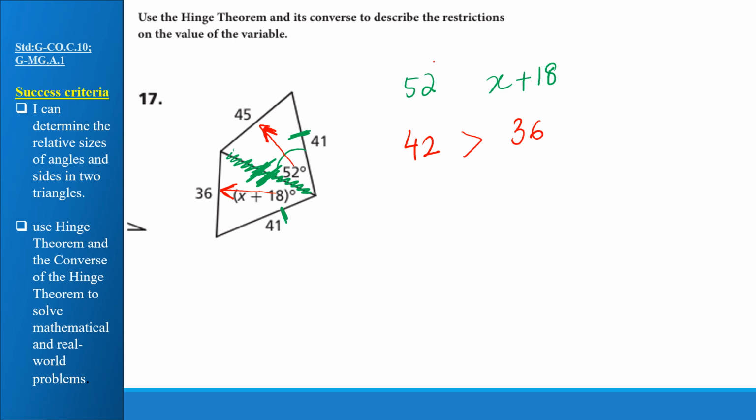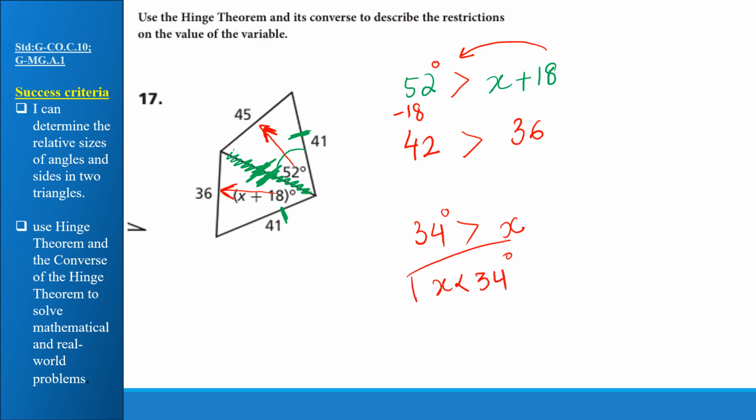So if 42 is bigger, angle 52 is bigger than x plus 18. Now solve for this triangle. Bring the 18 here, so you will get negative 18. So you will get x, and here 52 minus 18, so you will get 34.